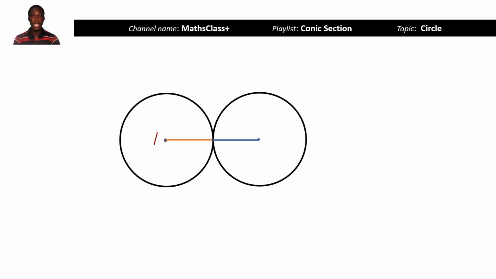Now the second situation. If we label here as A and here as B, their centers, and we also label their radii R1 and R2, we see that the two circles are intersecting at one point. But here, there is another thing we should note.